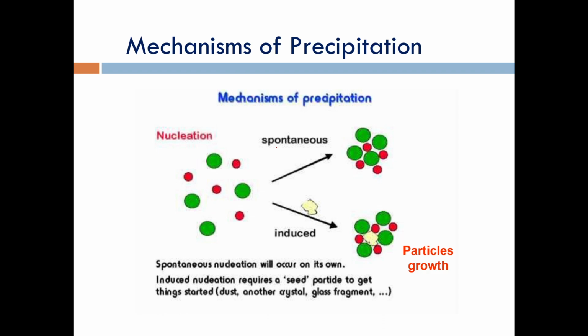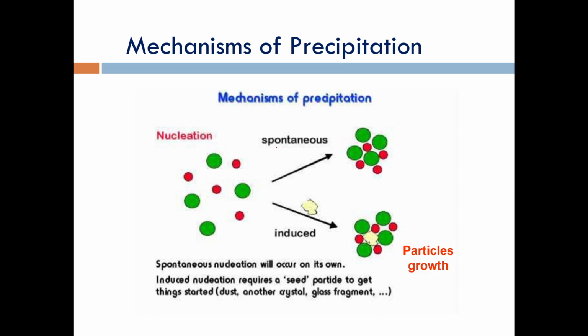So what happens when we induce the nucleation? The precipitate produced will grow. So particle growth happens in this condition. The particle growth will produce a precipitate of the crystal type.